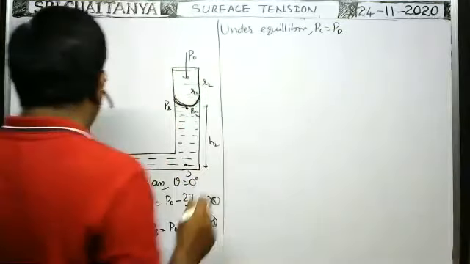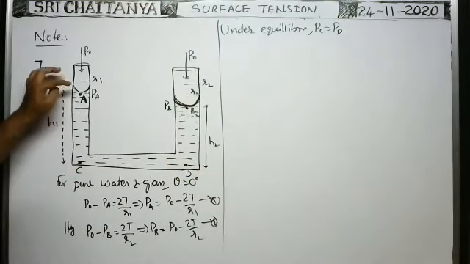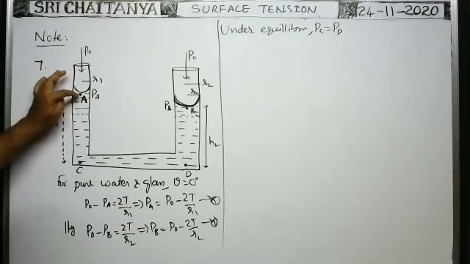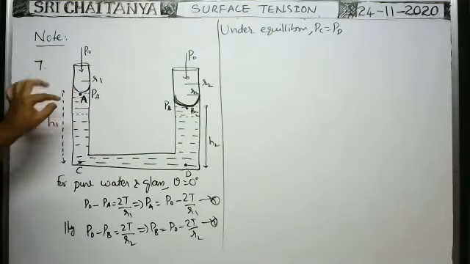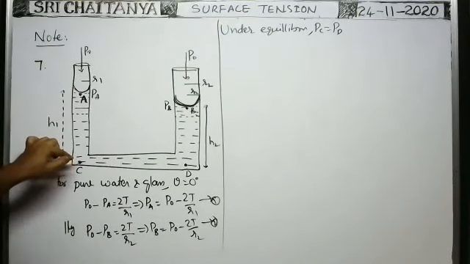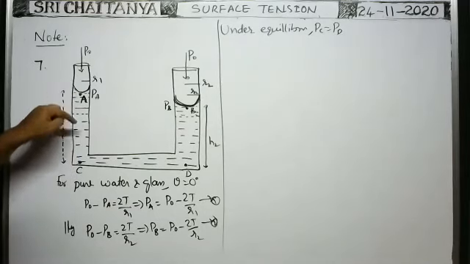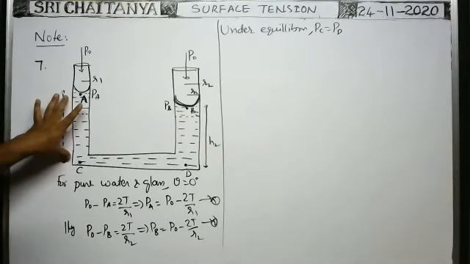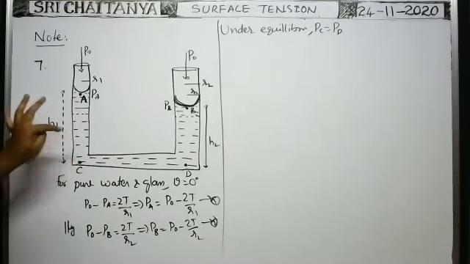What is the pressure at C? Just below the meniscus the pressure is PA, and because of Pascal's law the same pressure PA acts at this point also. Then the pressure due to the height of the liquid column also acts at this point.